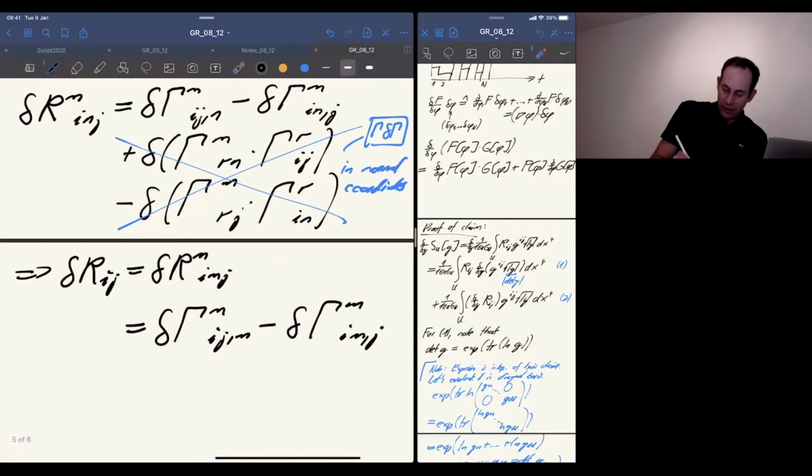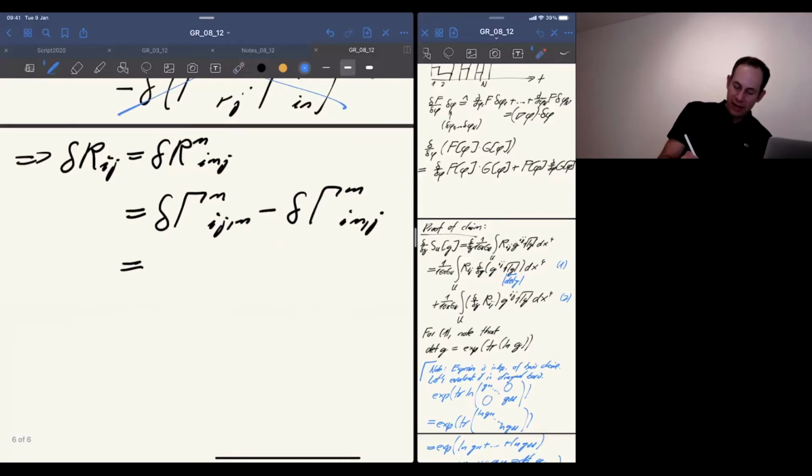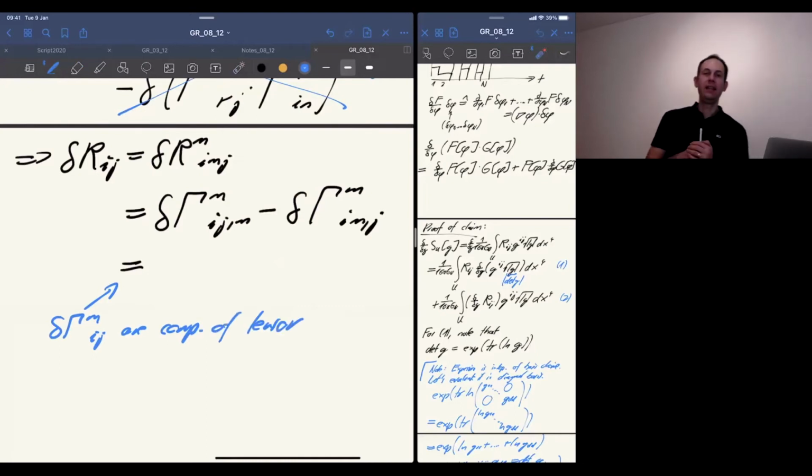Now there is one more observation we can make. I told you many times that the gammas are symbols which cannot be seen as the components of a tensor. However, delta gammas, so for example, delta gamma ij are components of a tensor. So I can define a tensor that essentially has components delta gamma mij. I will just tell you why in a minute, but let's for the moment just assume this is the case.